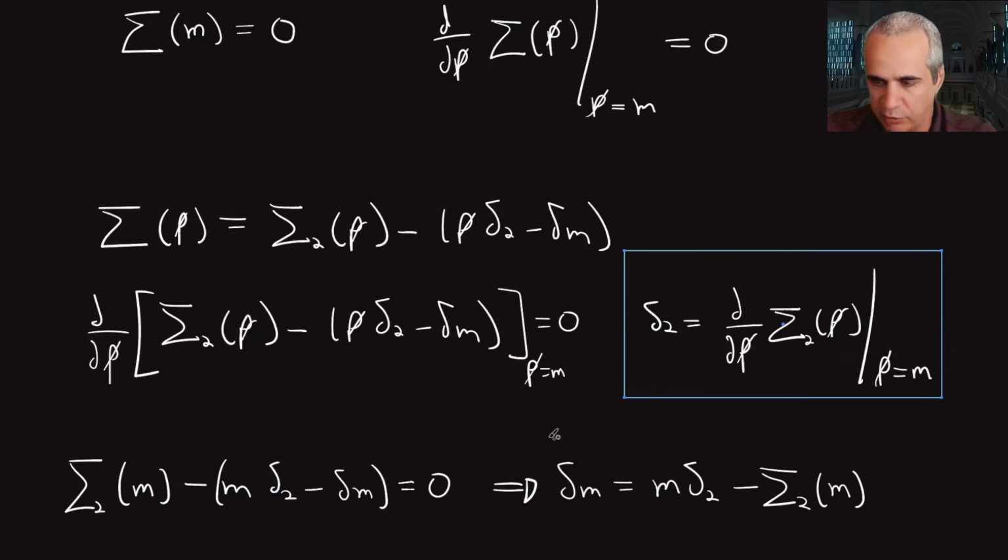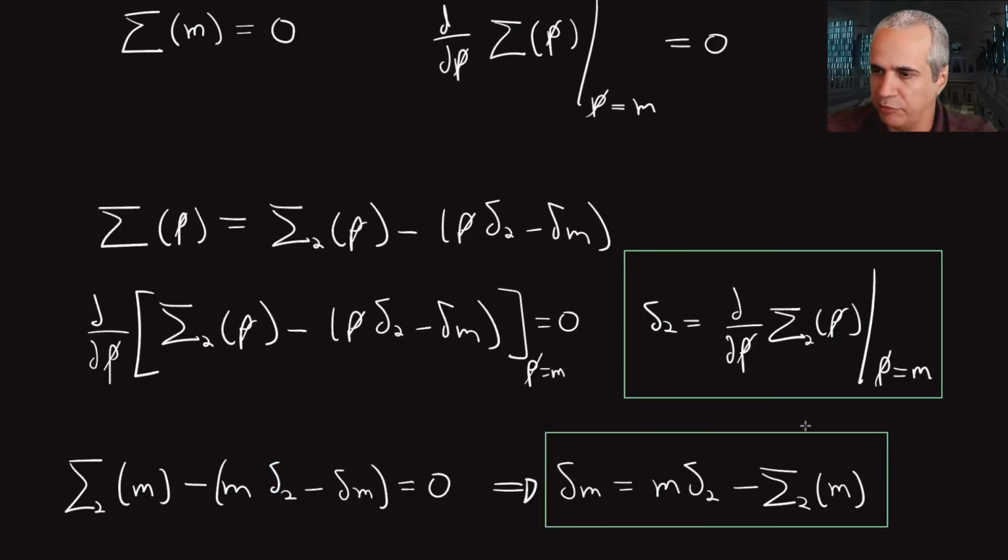So these two equations will give me first delta 2, I'm doing that first, and then once I know delta 2, I can get delta m.